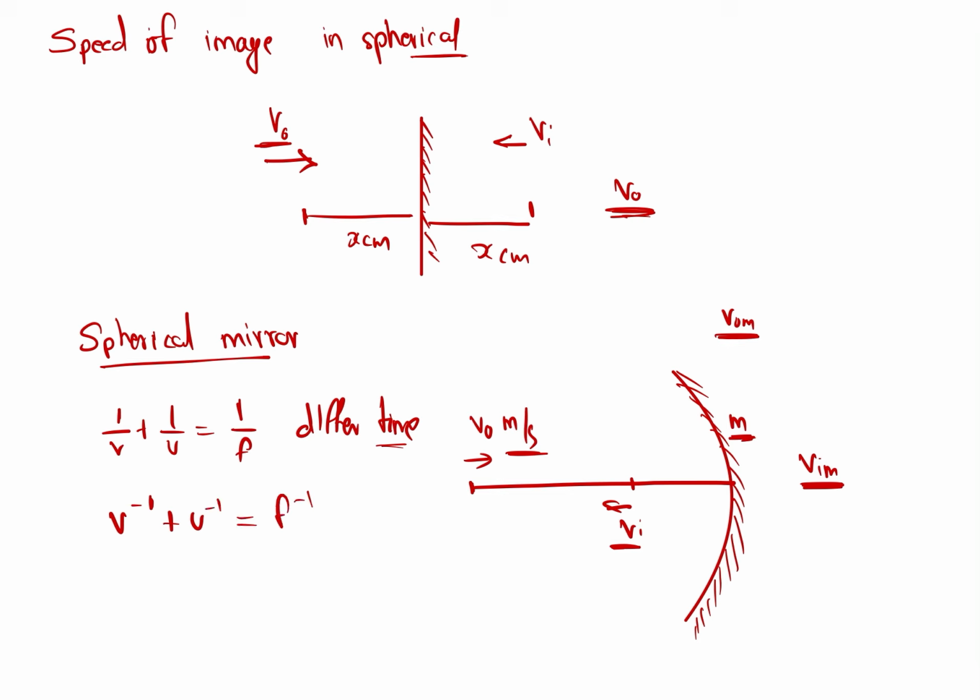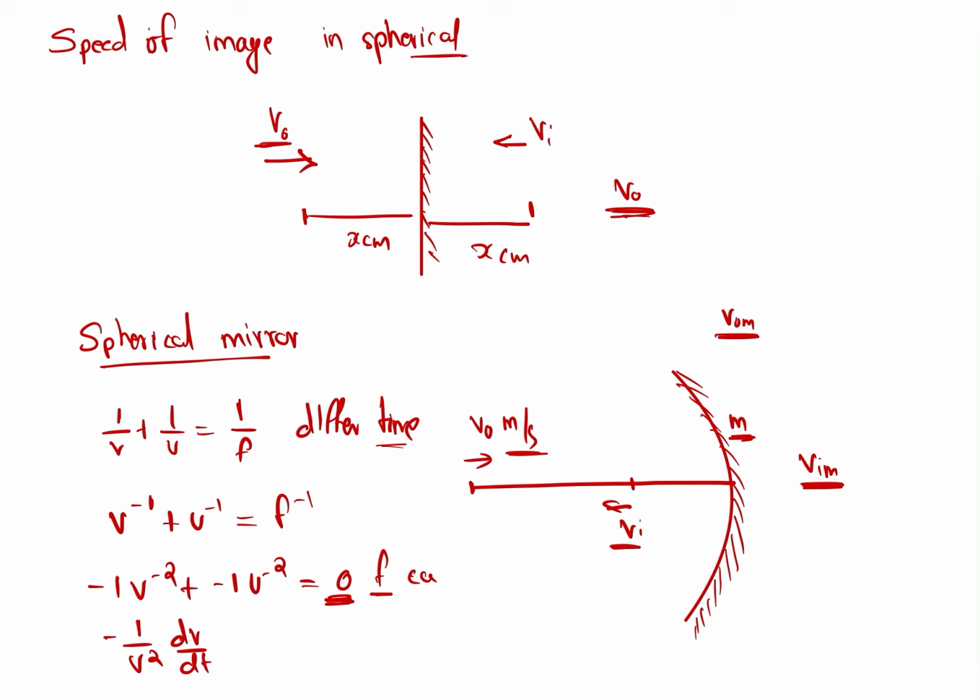Differentiating it, we will get minus 1 into V raised to minus 2 plus minus 1 into U raised to minus 2. Since the focal length of the mirror remains a constant, the derivative of this value will be equal to 0.